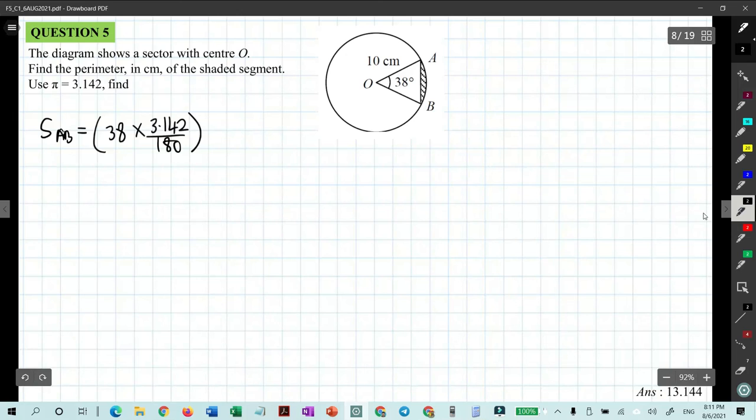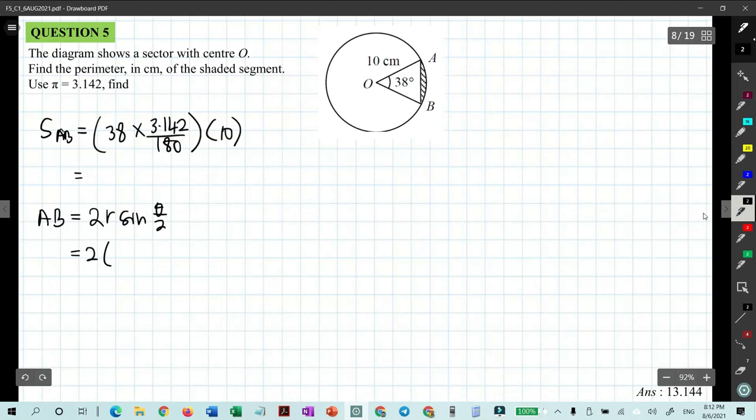So we convert the angle in degrees to radian and then multiply it with 10. To find the length of the straight line AB, we can use the formula 2r sine theta over 2.